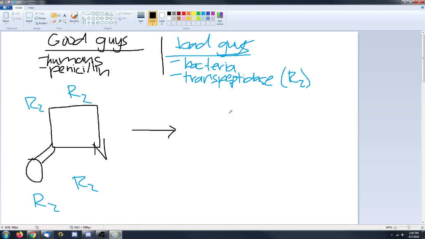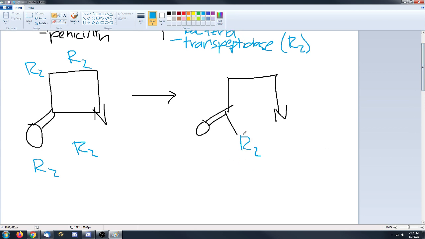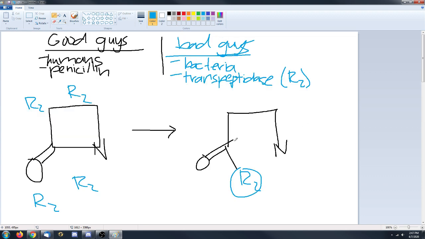So what happens is the beta lactam opens up because it wants to open up. The square is very strained, and it will grab onto one of these R2s. Maybe I'll draw the other 3 because I drew 4 total.